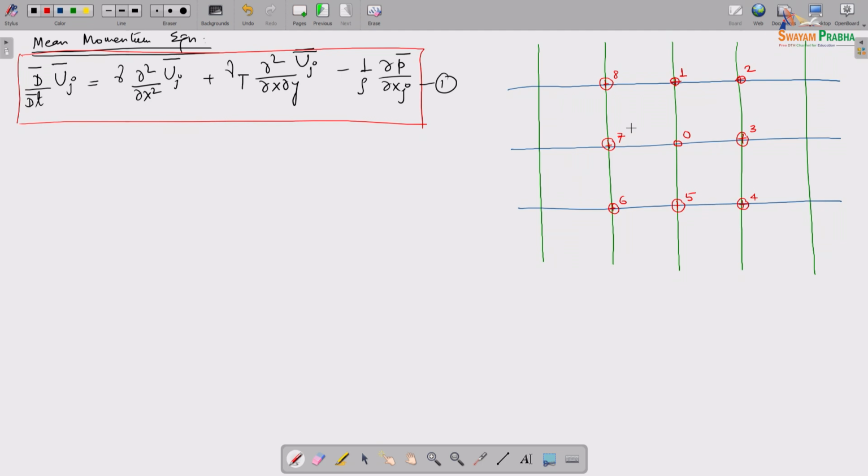So I am setting up this grid, okay. 9, 10, 11, okay, 12, 14, okay, and then this is your delta x, right, and this is your delta y. Okay, all right.